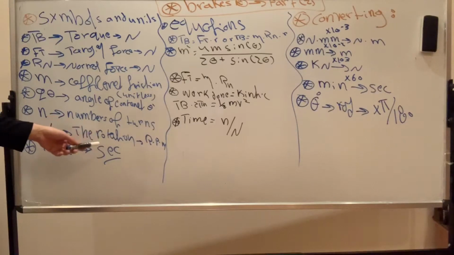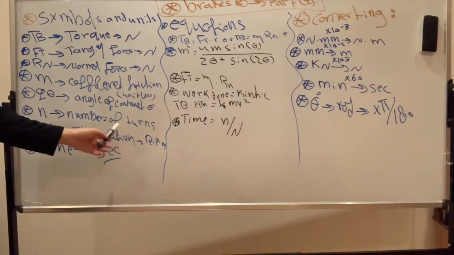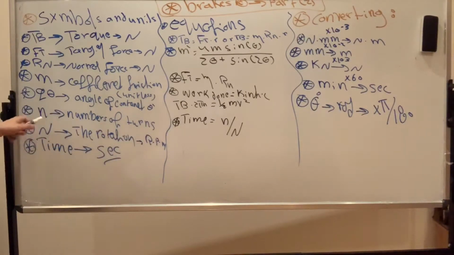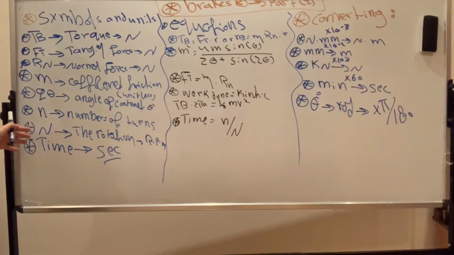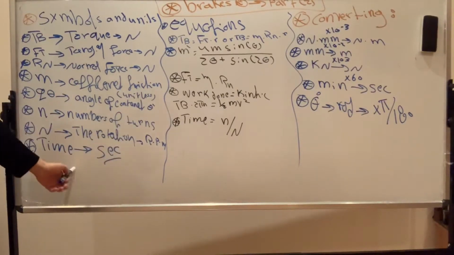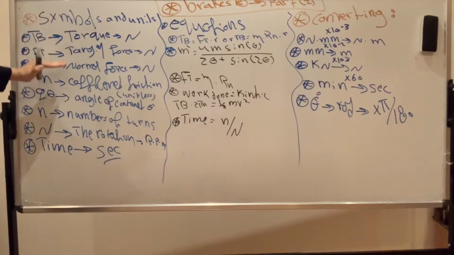It will be specified in the question, and the unit is RPM. So the small n is called the number of turns, and the capital letter N is the rotation in RPM. The last one is the time in seconds. So these are the symbols of this chapter.